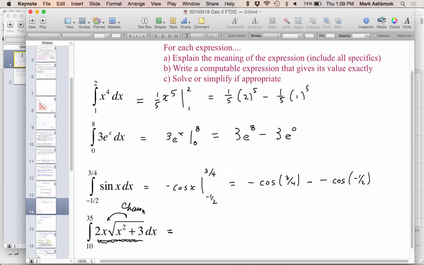Do you see that this is kind of the result of a chain rule derivative there? What function, if you did the chain rule, would you get that? Yeah, so basically you took the derivative of x squared plus 3 to the 3 halves. But if you have 3 halves, you need 2/3.